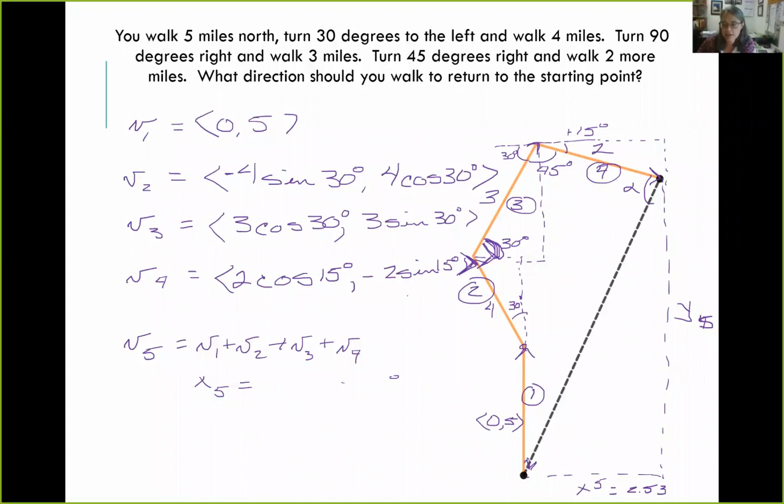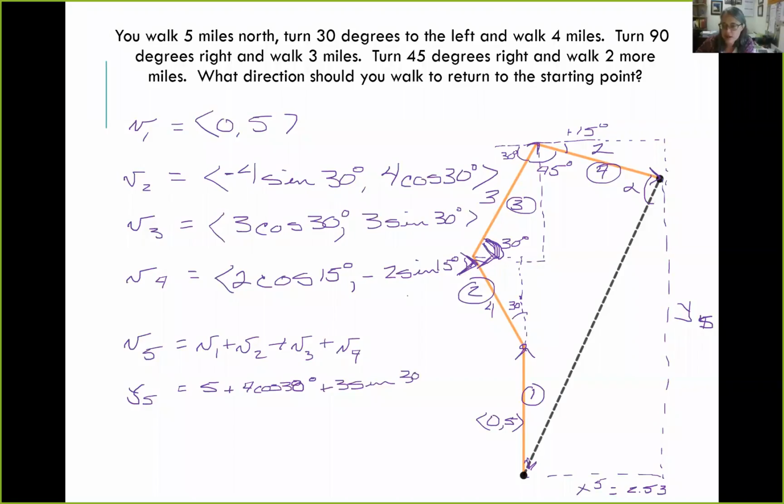So now we're going to find my y. We're going to find y5, which is y1, which is 5, plus y2, which is 4 cosine 30 degrees, plus y3, which is still a positive 3 sine 30 degrees.